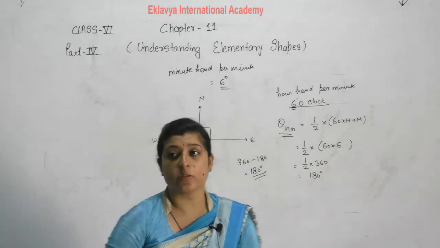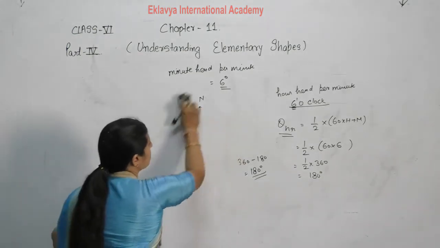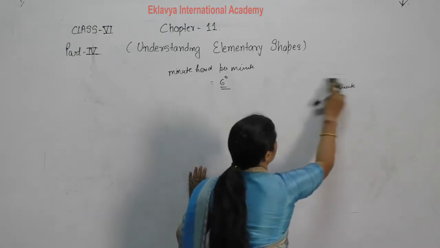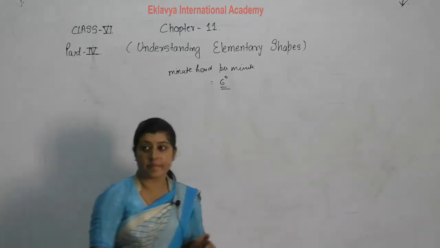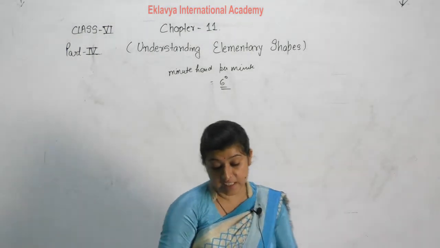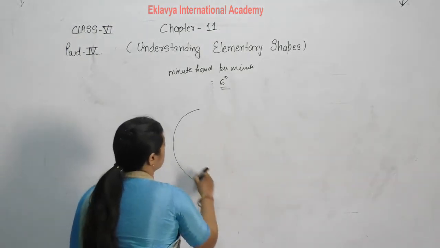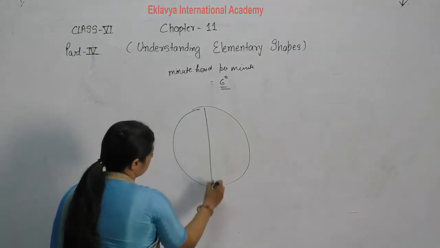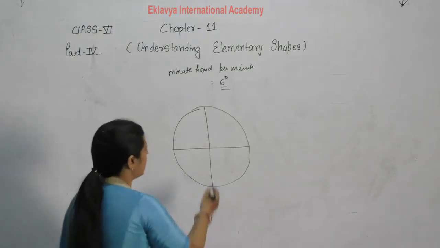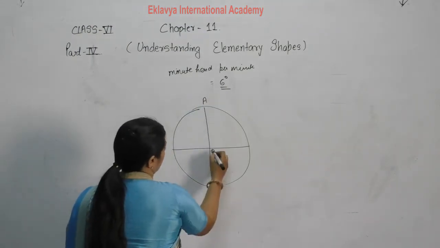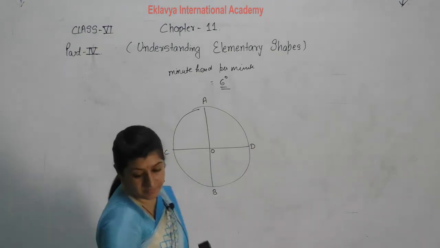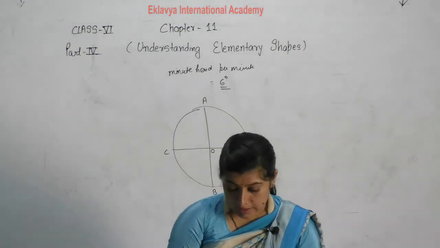Now see the second question. In the given figure, a circle is divided into 4 parts: A, O, B, C, O, D. Line AOD.